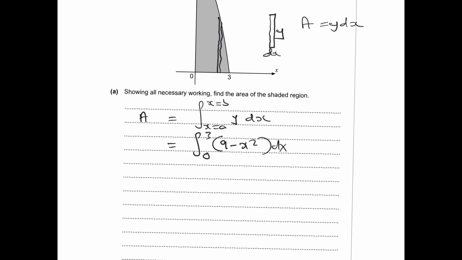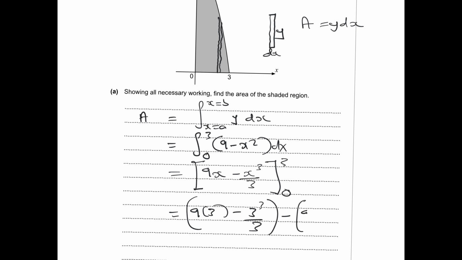So that's definite integration. We're going to have 9x. The integral of negative x squared will be x cubed over 3. Since this is definite integration, we don't need to put a constant of integration, but of course we need to substitute the limits there. Substituting the upper limit, that will be 9 multiplied by 3 minus 3 cubed over 3 in the first bracket, minus, of course, 9 times 0 minus 0 cubed over 3.